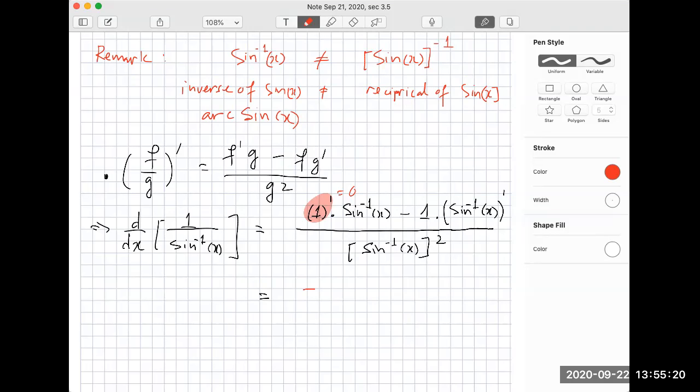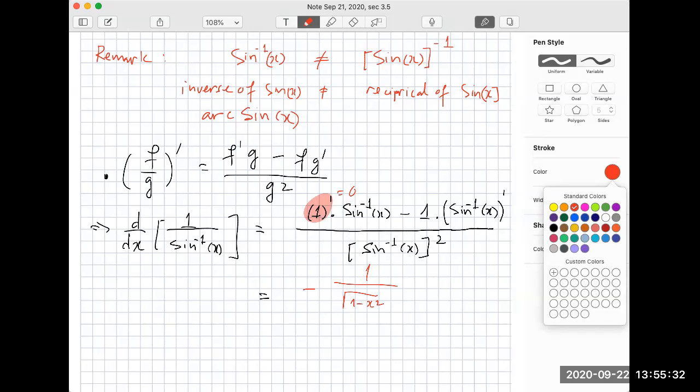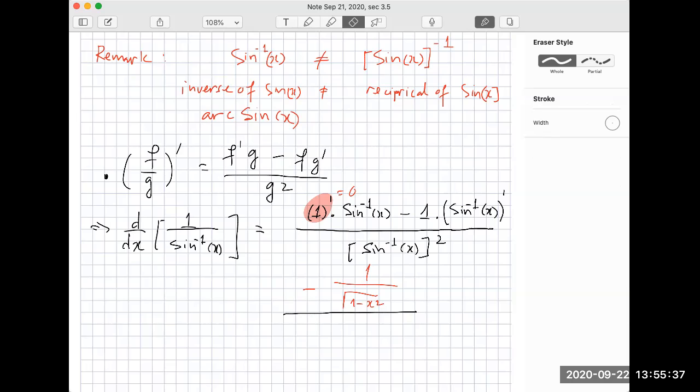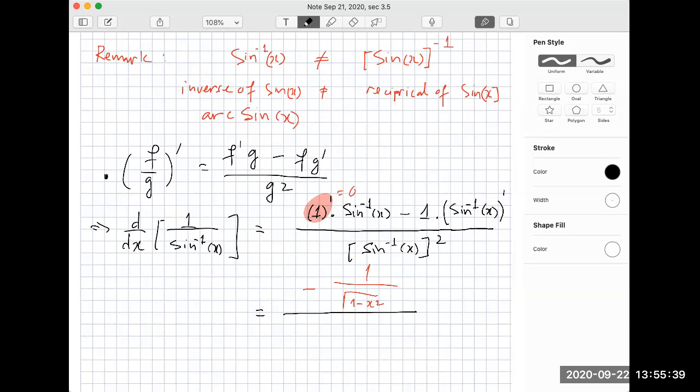It was 1 divided by square root of 1 minus x squared. Okay? From the formula. Remember, we need to write it carefully. And the denominator is sine inverse and then squared. Okay.